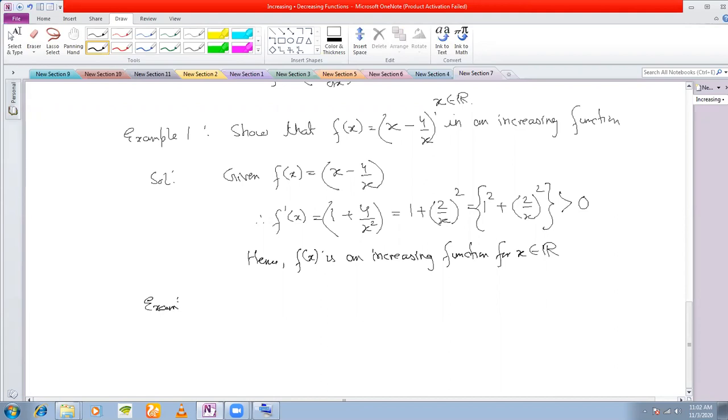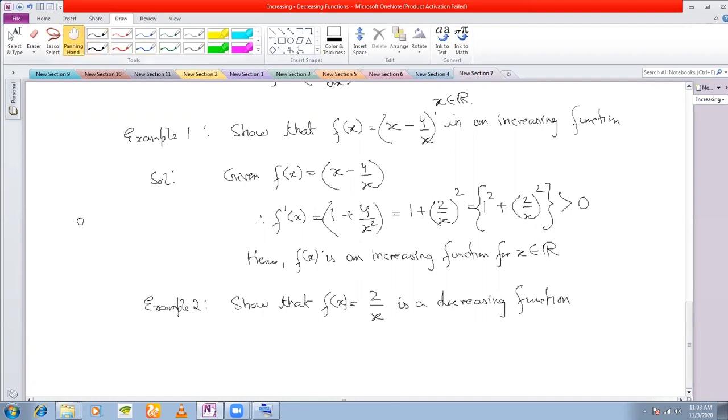Example 2. Show that f(x) is equal to 2 by x is a decreasing function. Okay.